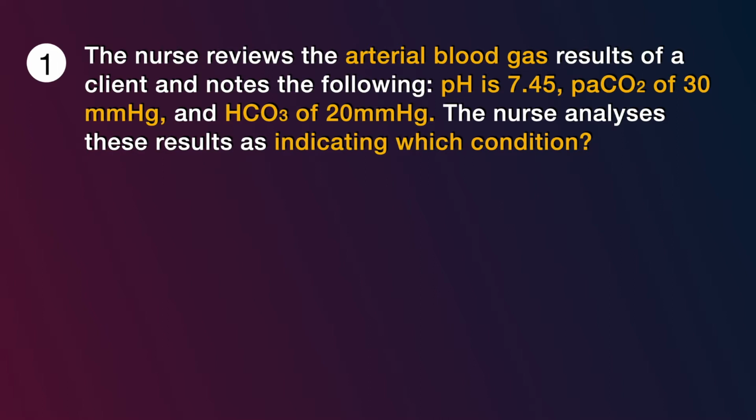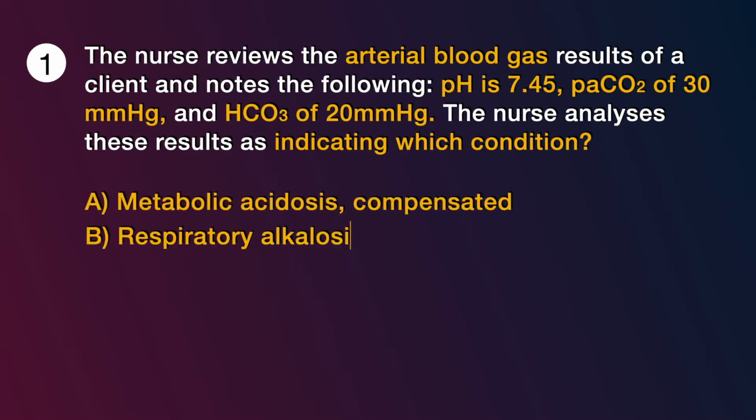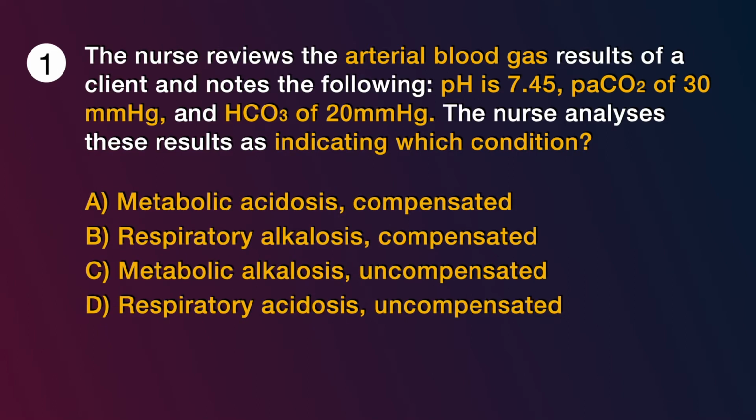The nurse analyzes these results as indicating which condition? Options are metabolic acidosis compensated, respiratory alkalosis compensated, metabolic alkalosis uncompensated, respiratory acidosis uncompensated. So the answer is B, respiratory alkalosis compensated.